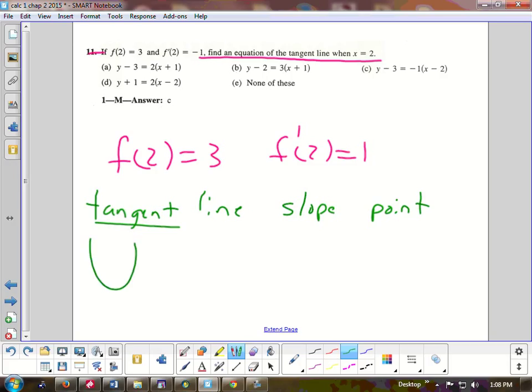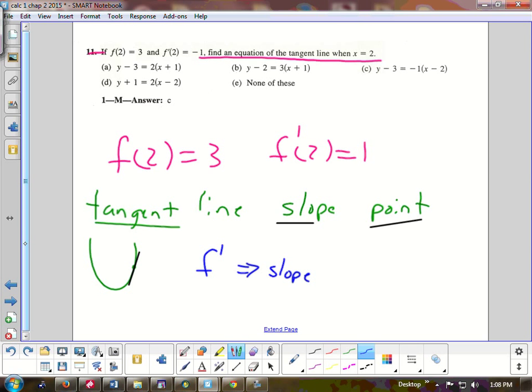So if we have a parabola, this point right here, if we draw a line through it, is tangent to the curve. And we can get the equation of that line if we have the point and the slope. Knowing that the derivative f prime deals with the rate of change, which is slope, we can get the tangent line.